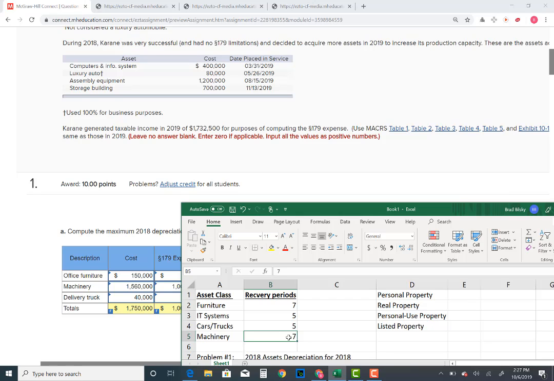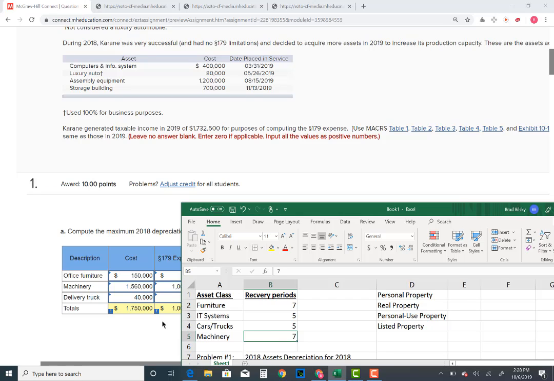So we like applying the 179 depreciation there, because we're getting the most bang for our buck because we're spreading out the cost of the machinery over 7 years. Imagine if machinery had a recovery period of 3 years. We'd be taking a bigger amount of depreciation each year in that case. So applying that $1 million off the top wouldn't help as much in that case.